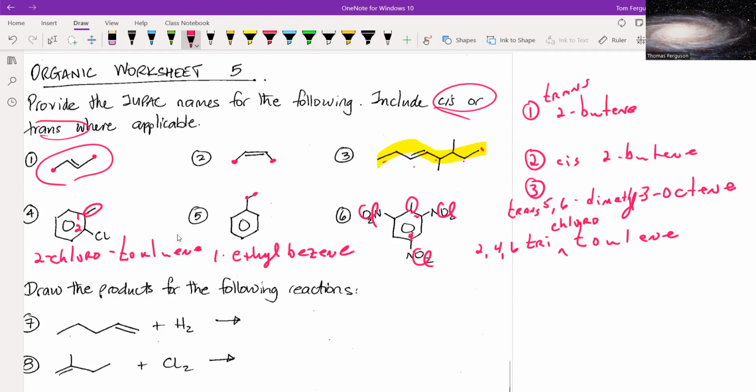So 2,4,6 trichlorotoluene. Or you could also name it 2,4,6 trichloro 1-methyl benzene. Is that how you named it?